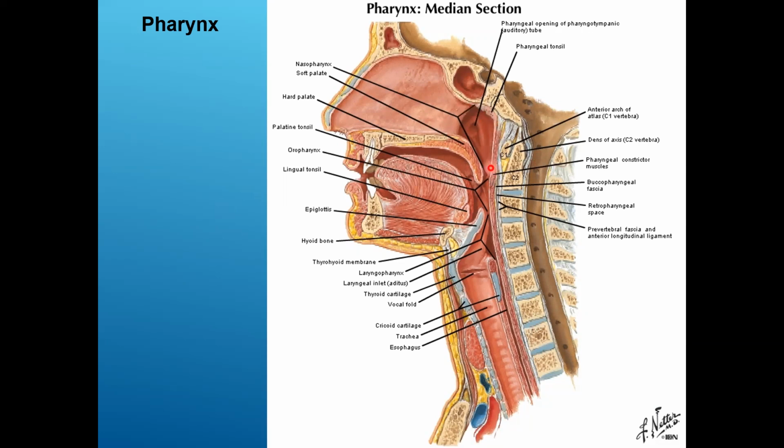So this is the nasopharynx, this is the oropharynx behind the oral cavity, and this is the eustachian tube or the auditory canal. This is the opening in your nasopharynx.